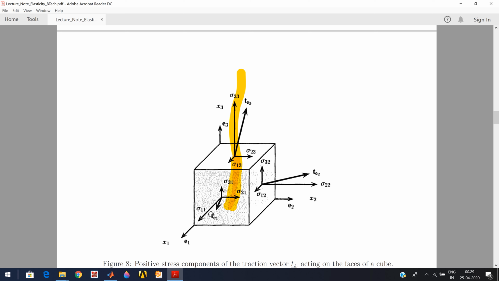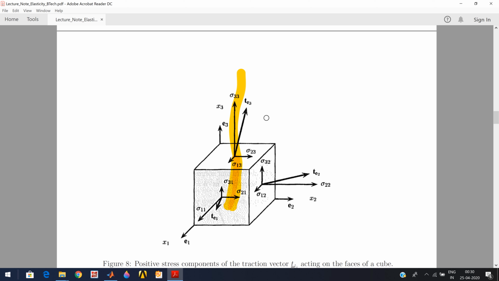Whereas the other components like sigma 2 1 and sigma 1 2 will have a moment arm, so they will produce moment.